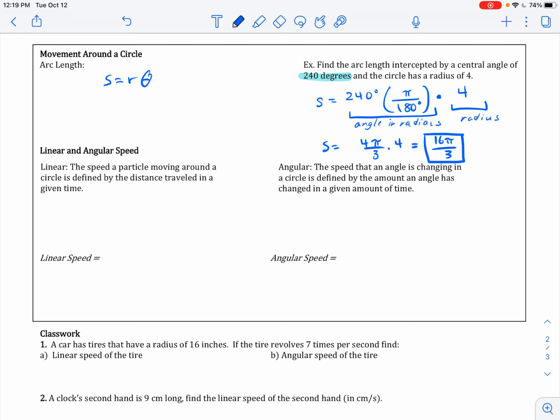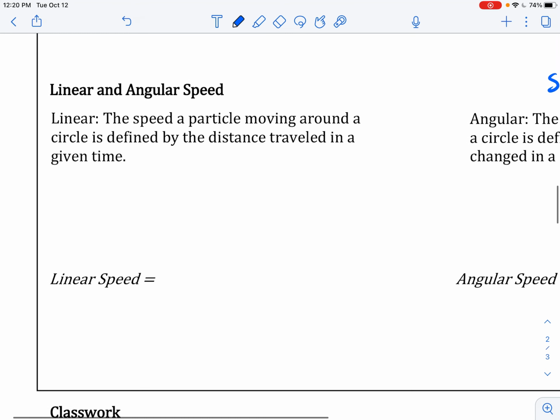What is linear speed? Linear speed refers to the speed that something, an object or particle, moves around a circle. So if we have a circle, and maybe you can think about this circle as like a tire, for example. And we're tracking the speed at which this particle is moving around the circle, that would give you our linear speed.